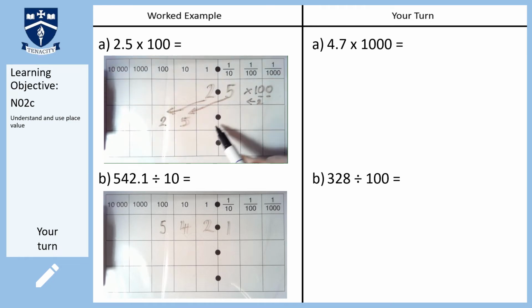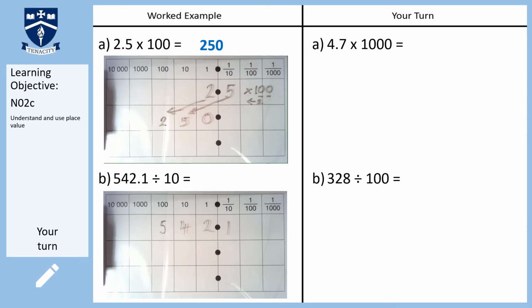As I have nothing in the ones, I need to put 0 to hold the place value. So I can see 2.5 times 100 gives me 250. It's quite helpful to focus on one digit. 2 times 100 would mean 200, and then you know all the other digits will move accordingly.